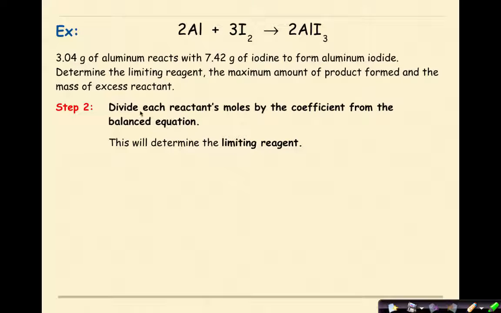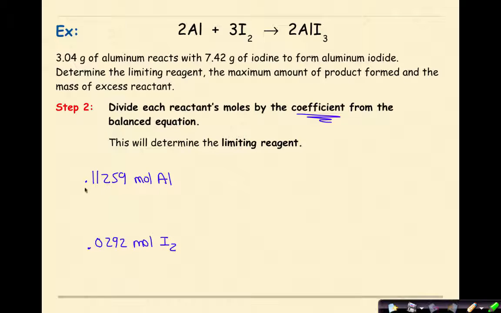Step 2, divide each reactant's moles by the coefficient from the balanced equation. This is going to determine the limiting reagent. From step 1, I had 0.11259 moles of aluminum, and I had 0.0292 moles of I2.